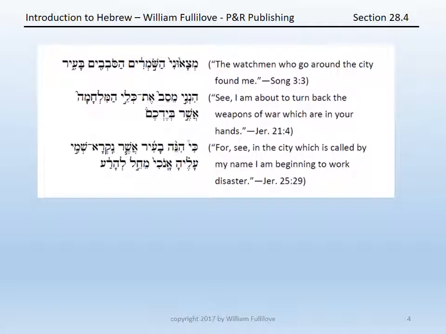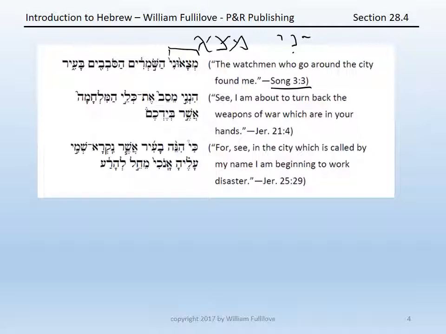Look at these three examples. First, from Song of Songs 3:3. Metsa'uni hashomrim hasovvim ba'ir. So the first verb, metsa'uni, a qal perfect third common plural of matsa, the third aleph verb, plus the ni object suffix, a first common singular object suffix.